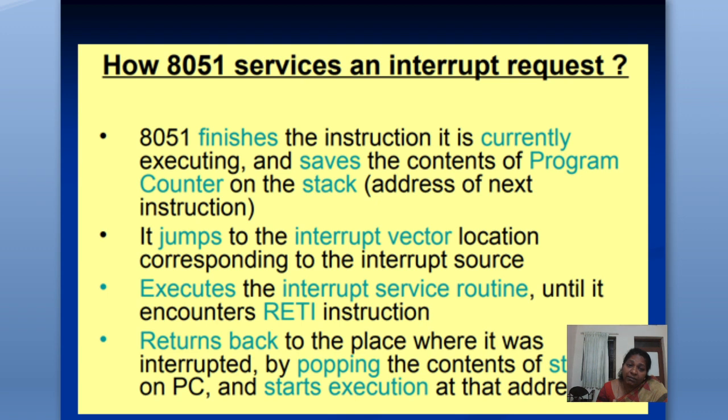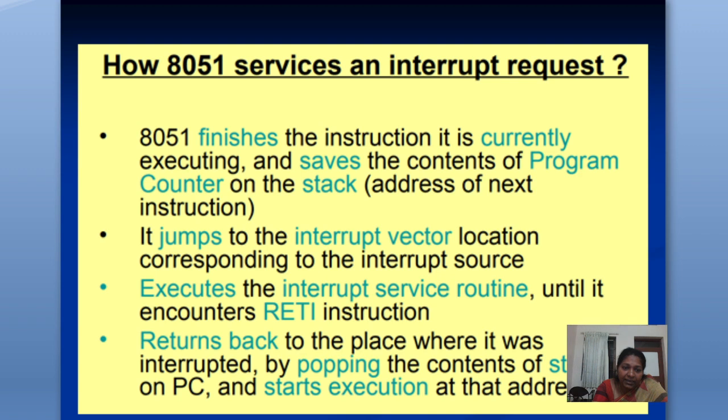So how does it come back to the same location? It comes back on a return from interrupt instruction. In that interrupt service routine, you should have given an instruction called RETI. Once it gets that instruction, whatever was inside the stack is popped back to the program counter. The program counter had the address where it stopped its main program.